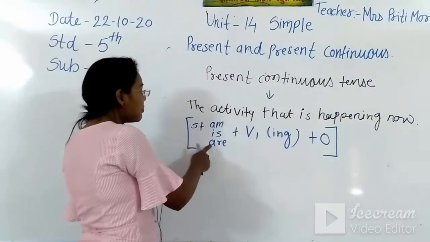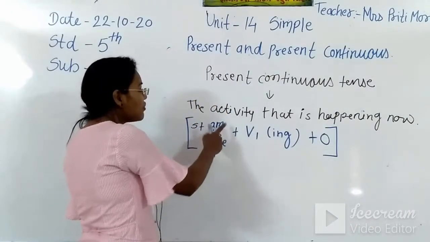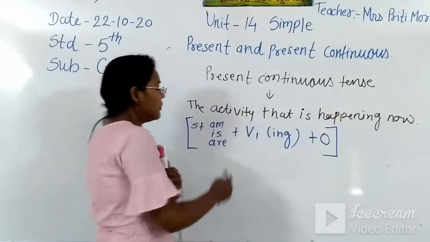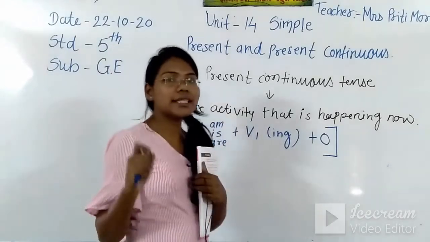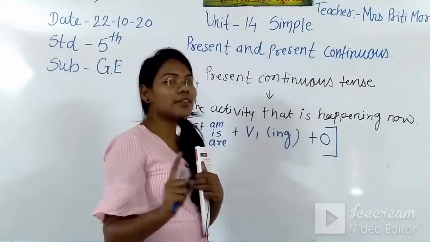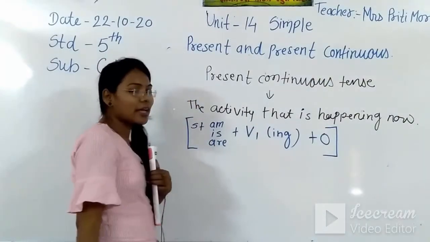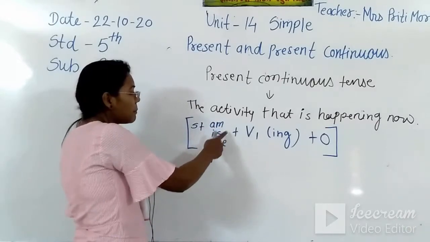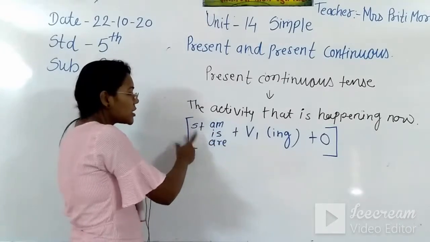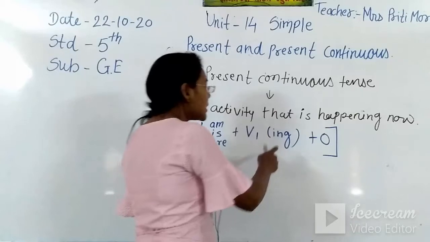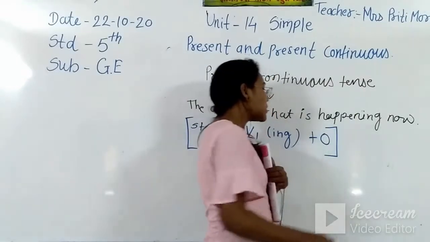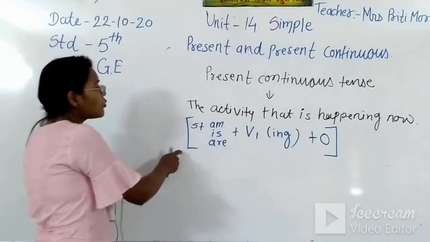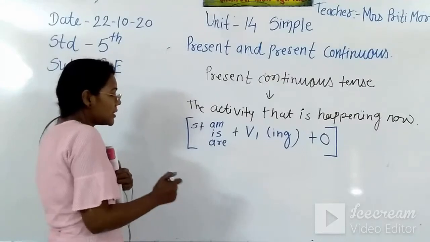We use am for I, is for the singular subject, and are for the plural subject. So, subject plus am, is, are according to the subject plus verb plus ing plus object.